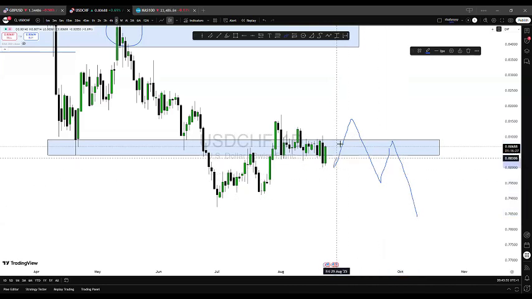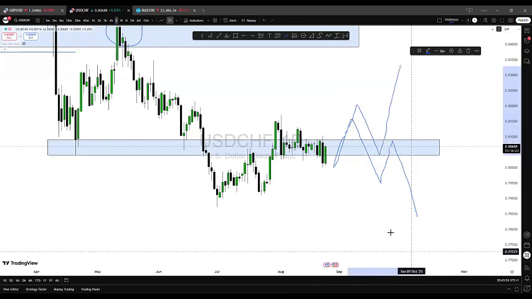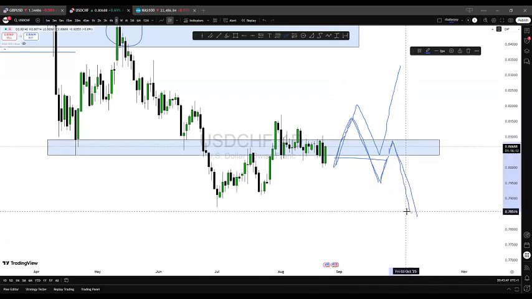But if prices break above it like this and keep going, then it's going up. But if prices break above it and come back below it, you don't just jump into it. You wait to see that it goes and tries to break it again, fails to break it, and then comes back. Then you finally get an entry.